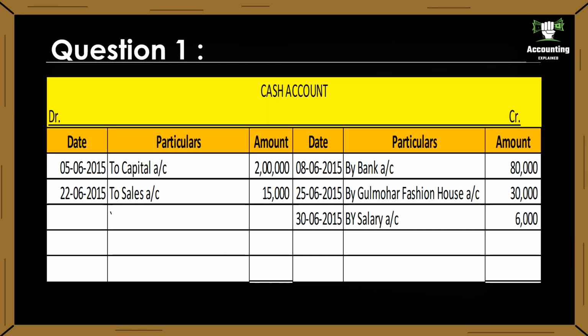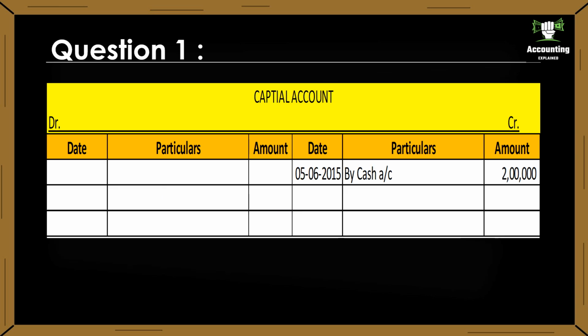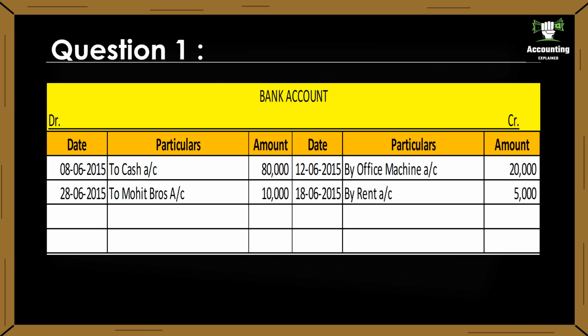We have posted all the transactions from the journal accounts to the respective ledger accounts. Our ledger accounts will look like this. First, this is our cash account. Cash account will look like this after posting all the transactions. This is the capital account. This is the bank account.